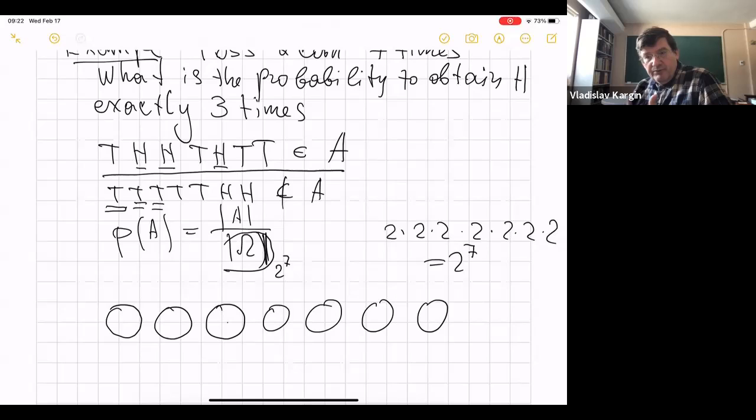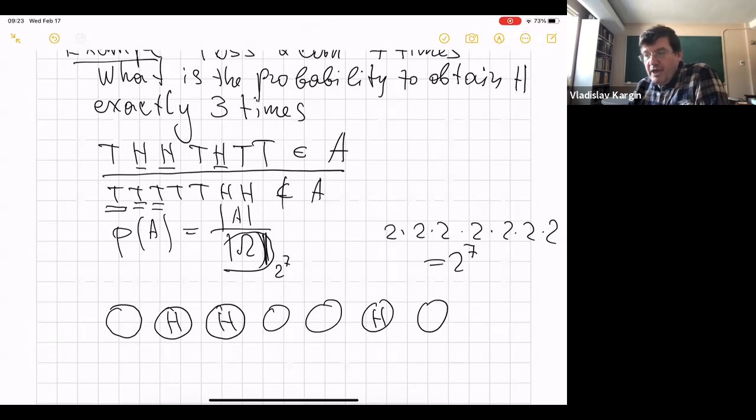There should be 3 tosses in which we obtain a head. And if I decide that it was a head here, then you know that in all other cases it should be tail.